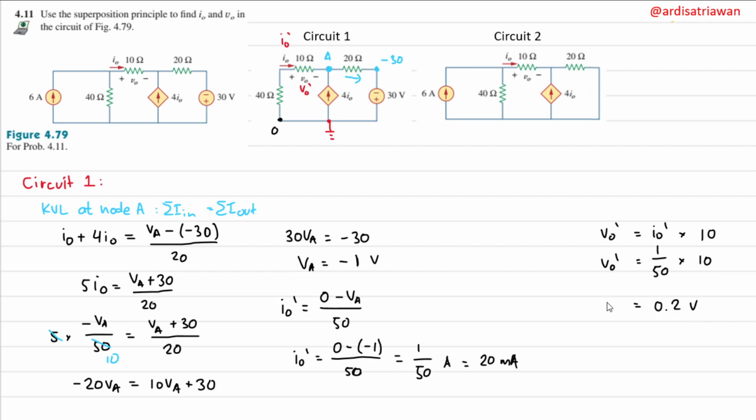So I now have I0 prime and V0 prime. Okay, let's save these values. Now we have finished circuit number 1, and the next step is analyzing circuit number 2.